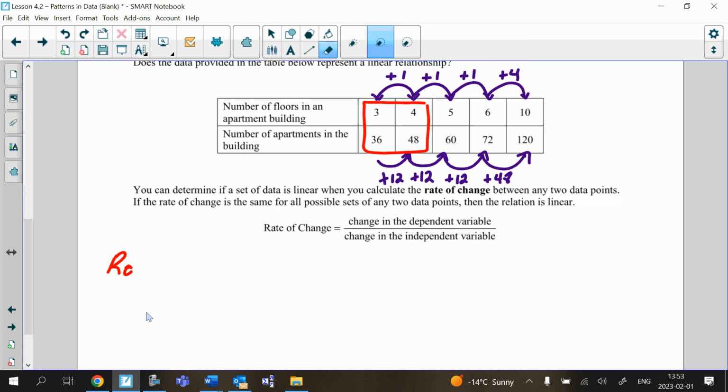So take the second one minus the first over the second one minus the first. And what do we get? 12 over 1, which is 12.